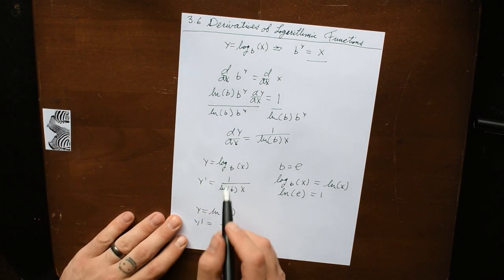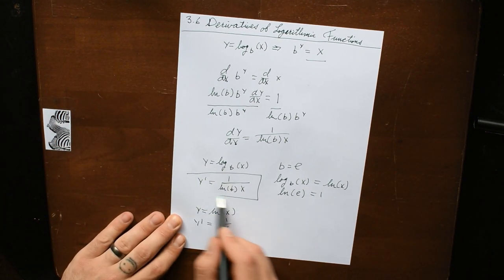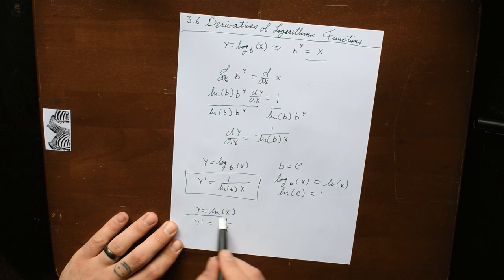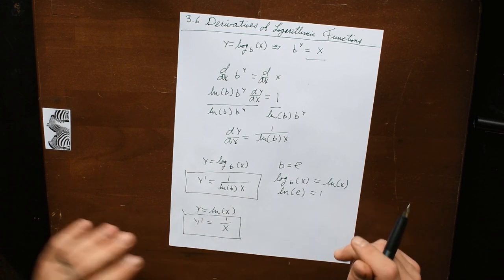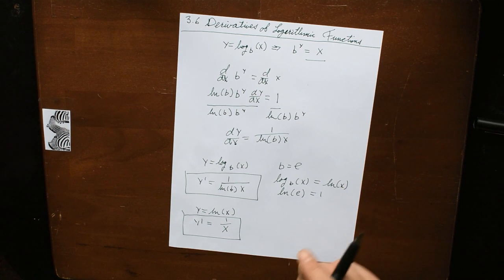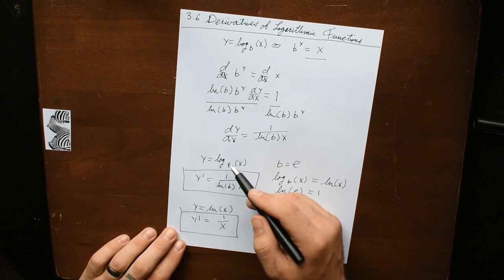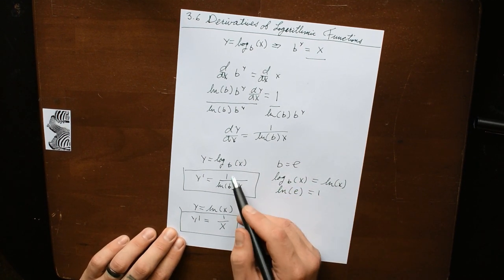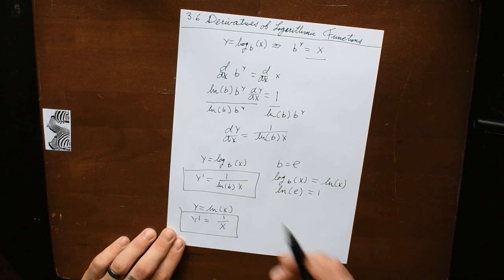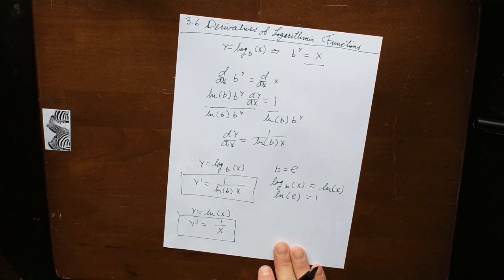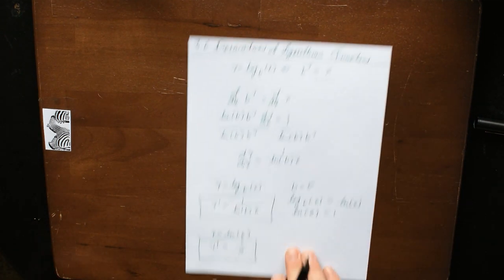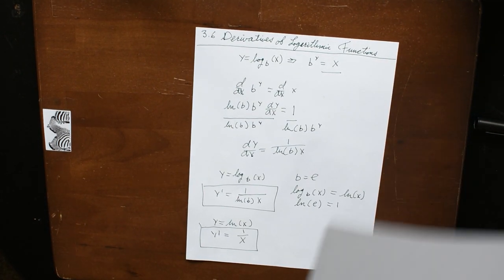So these are our two new derivative formulas, if you want to think of them that way, that we're introducing in this section. The derivative of a logarithmic function is 1 divided by the product of the log of the base and x. So let's use these on this example.